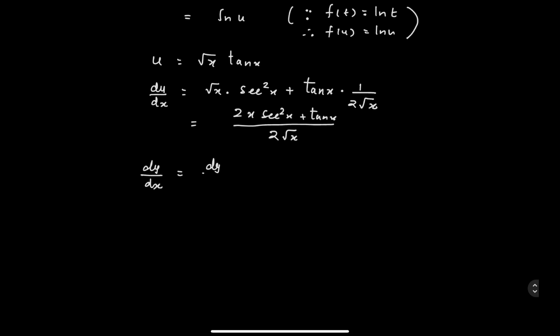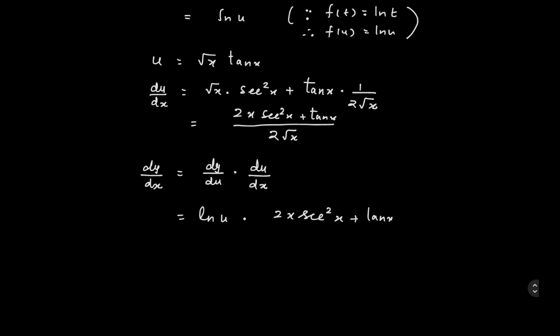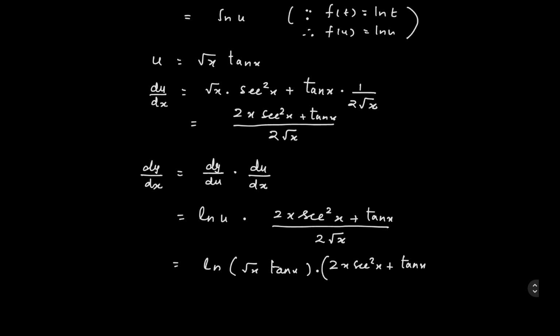That is equal to dy/du into du/dx. Now dy/du is ln u and du/dx you got as (2x sec squared x plus tan x) upon 2 root x. So ln u is ln of root x tan x, into (2x sec squared x plus tan x) whole upon 2 root x.